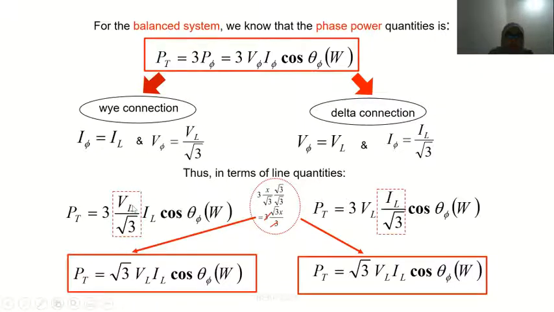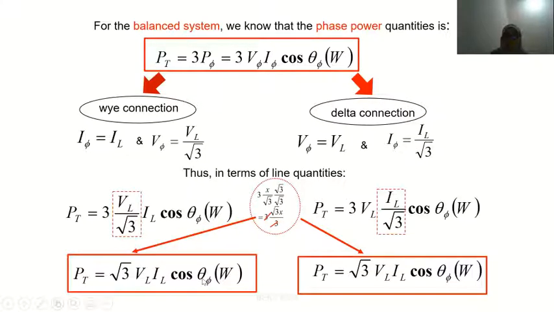V phase for the Y connection is equivalent to VL divided by square root of 3. You substitute V phase with VL divided by square root of 3, and you can get P total, the active power for the three-phase circuit, using line quantities: square root of 3 VL IL cos theta.